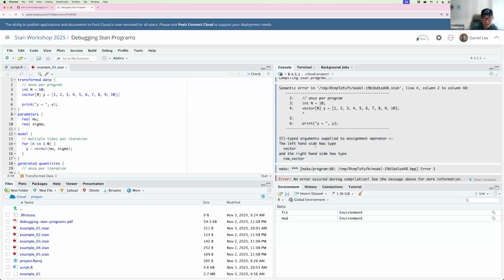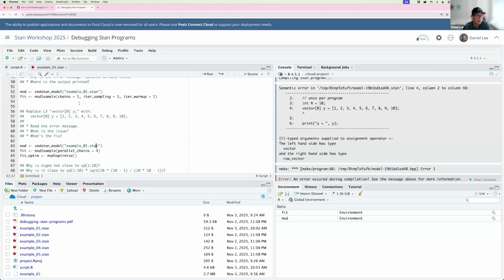So the left-hand side has type vector and the right-hand side has type row vector. It's trying to tell you exactly what's wrong. So here, vector y, and we're trying to assign it a row vector. To make that an actual vector, you add an apostrophe and that does a transpose. And that'll get us past this error here.